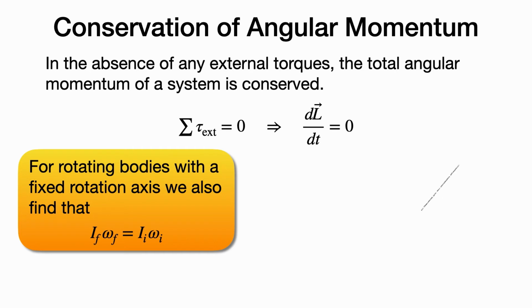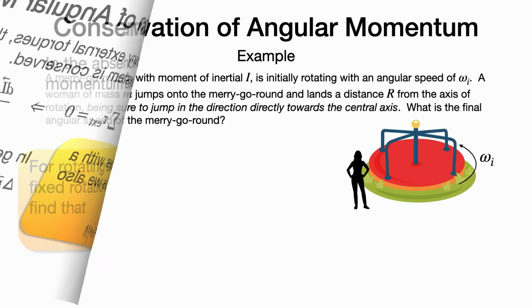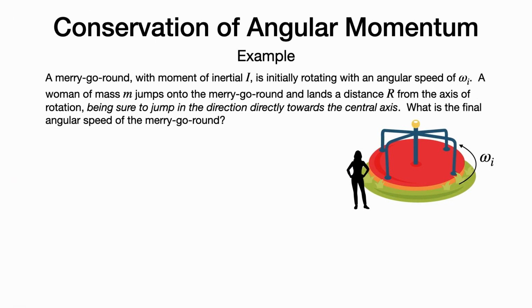But in general, what we find is that for an isolated system, both linear momentum and angular momentum are going to be conserved. And furthermore, if there are no inelastic collisions or other internal energy changes, the total mechanical energy will also be conserved.